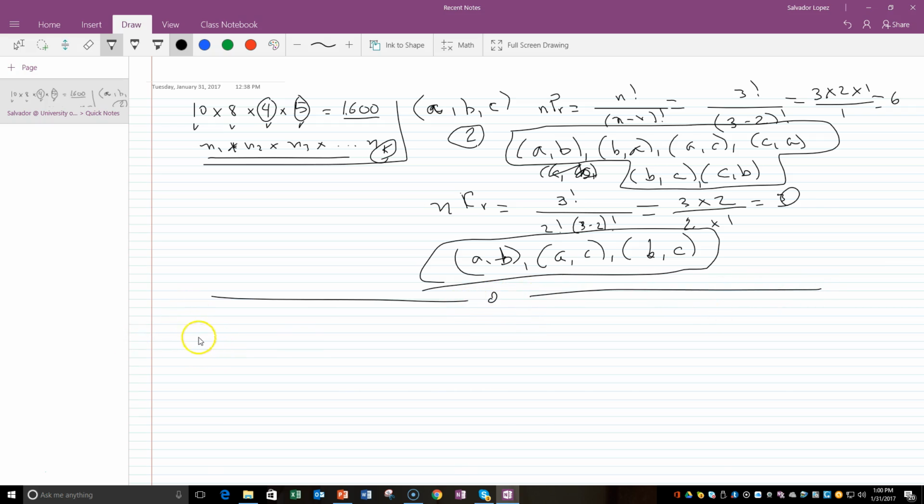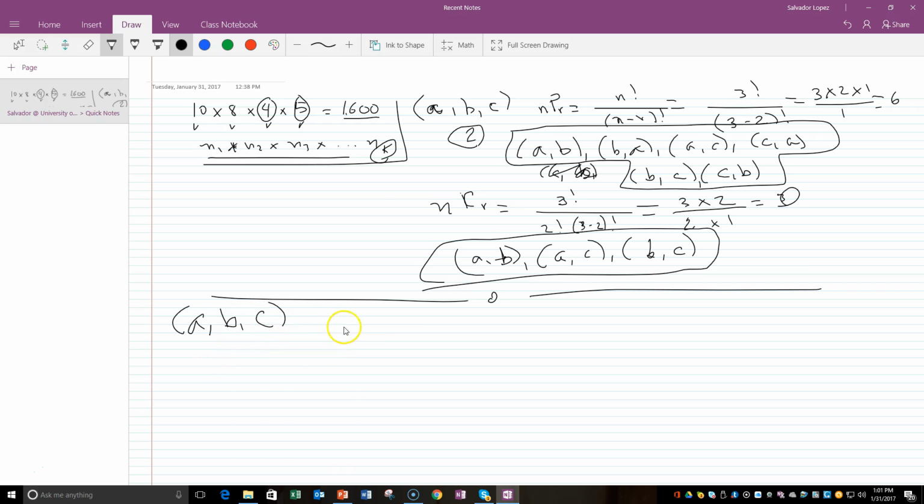Now you can also have a general question: in how many ways can we arrange ABC? In other words, it is equivalent to estimating in how many ways we can select 3 out of 3.